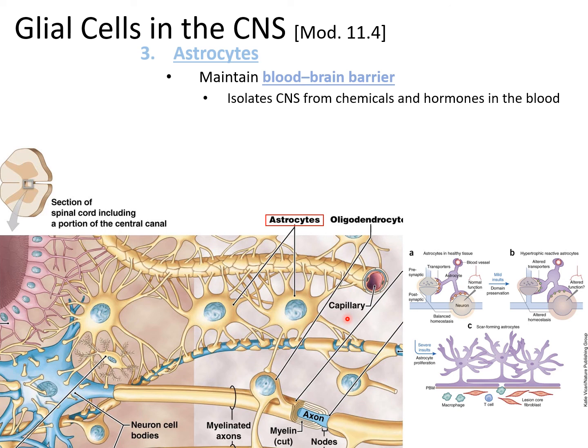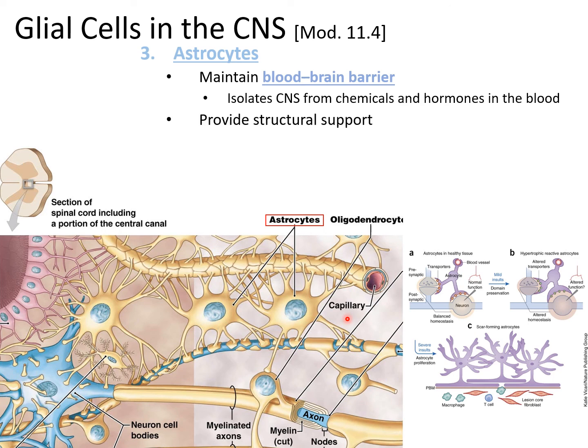Because your CNS controls pretty much every function in your body, it is critically important to protect the CNS from anything foreign, from any kind of shifts in ion concentrations or anything that doesn't quite belong. So these astrocytes are what are responsible for making the blood-brain barrier.